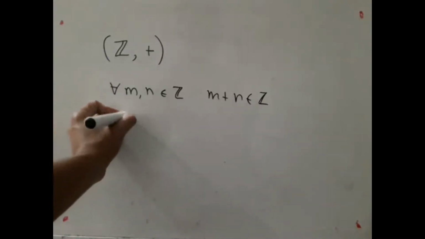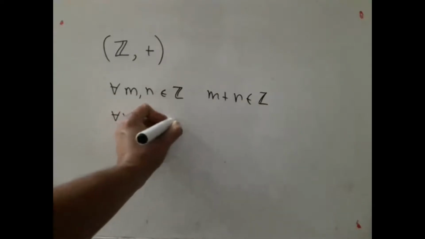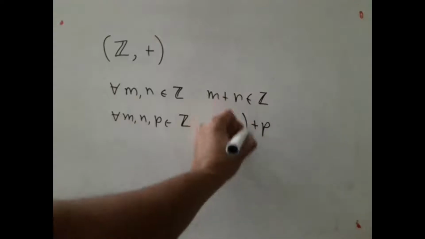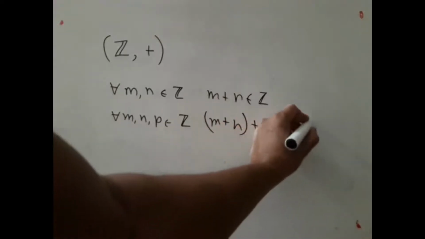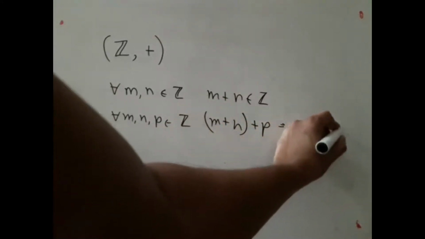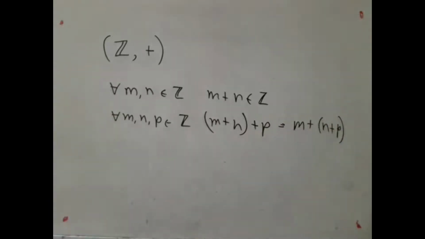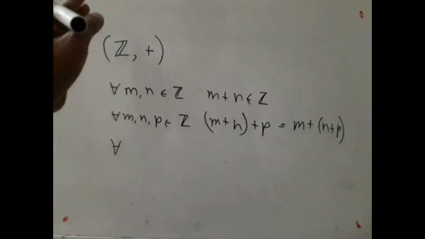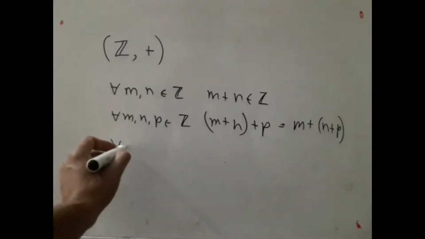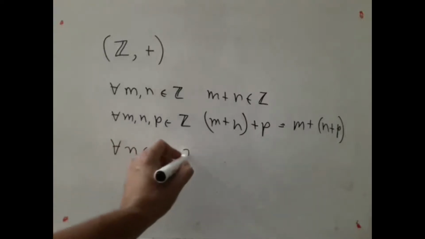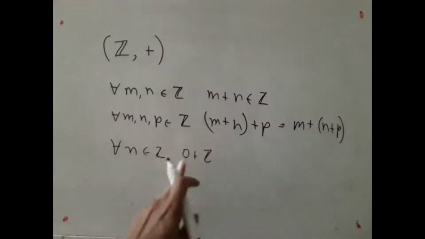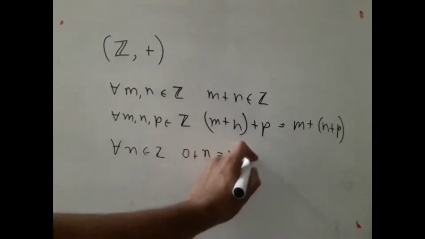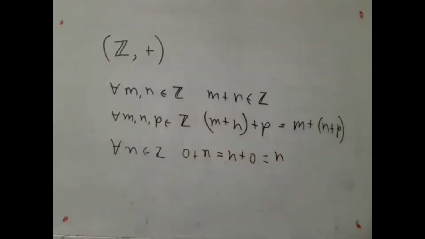So, for all m, n, p in Z, (m plus n) plus p is the same as m plus (n plus p). Similarly, I have the number 0, that is the identity. So, for all n in Z, 0 plus n equals n plus 0 equals n, that is the identity.